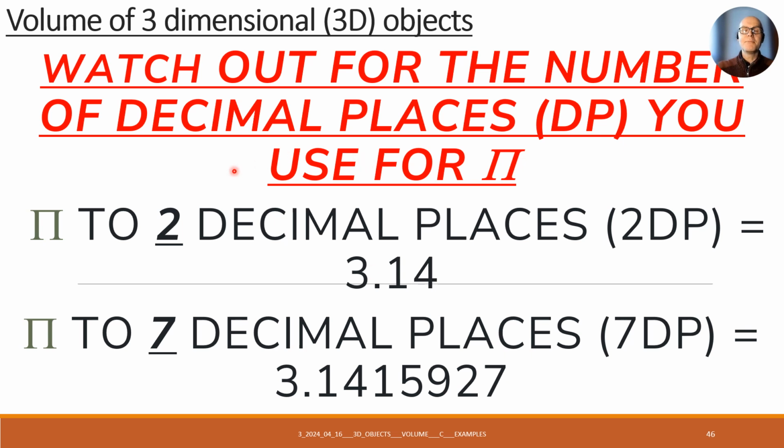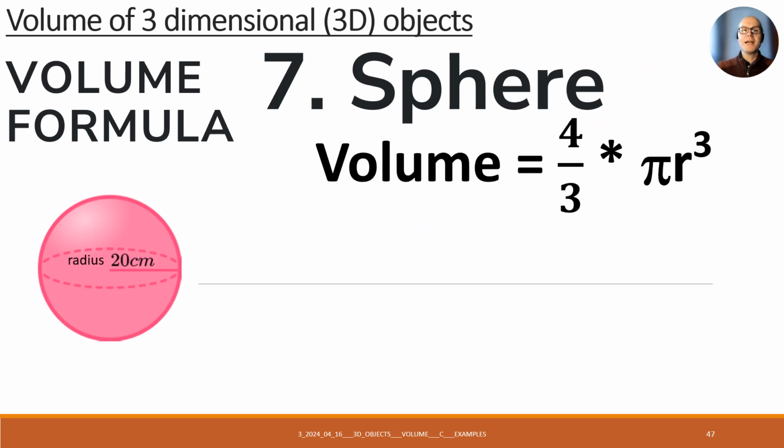Now, it's vitally important that you consider the impact of how many decimal places of pi that you use. Pi to 2 decimal places would be 3.14. Pi to 7 decimal places would be 3.1415927. Let's look at the same example with 2 different decimal places for pi.